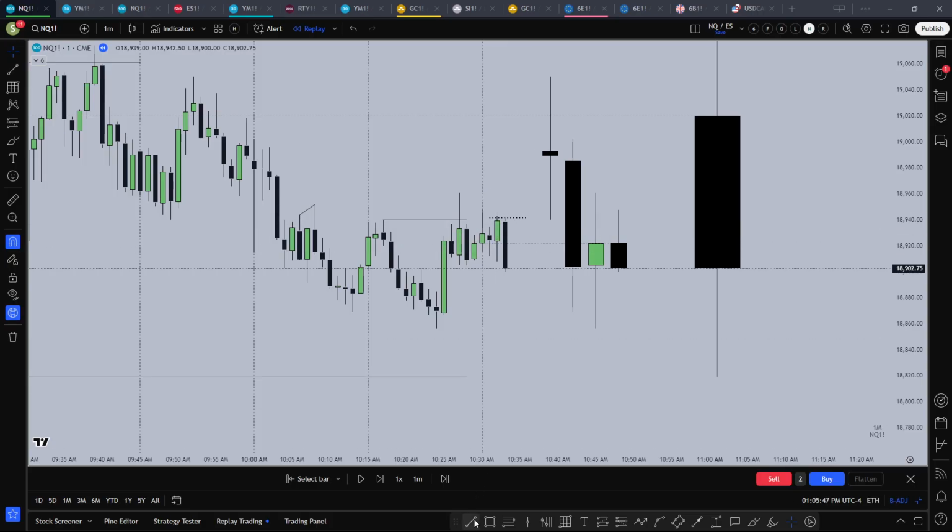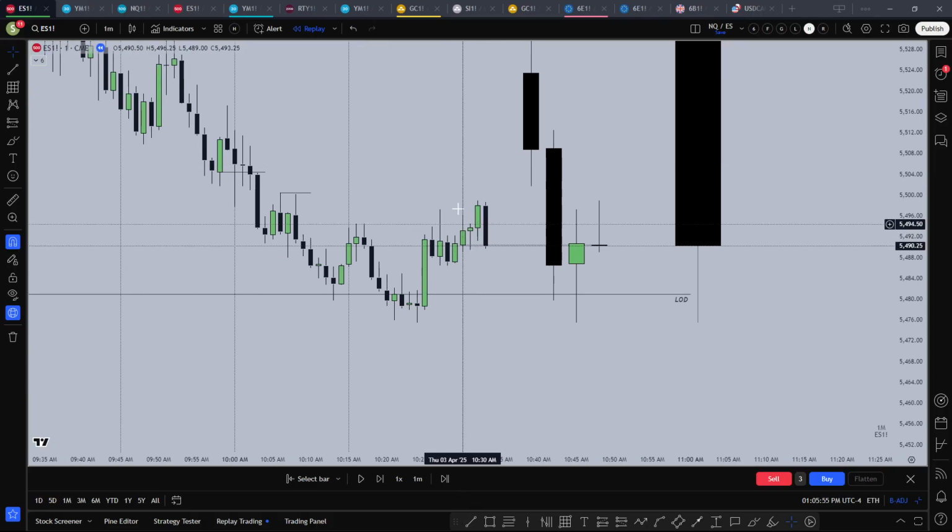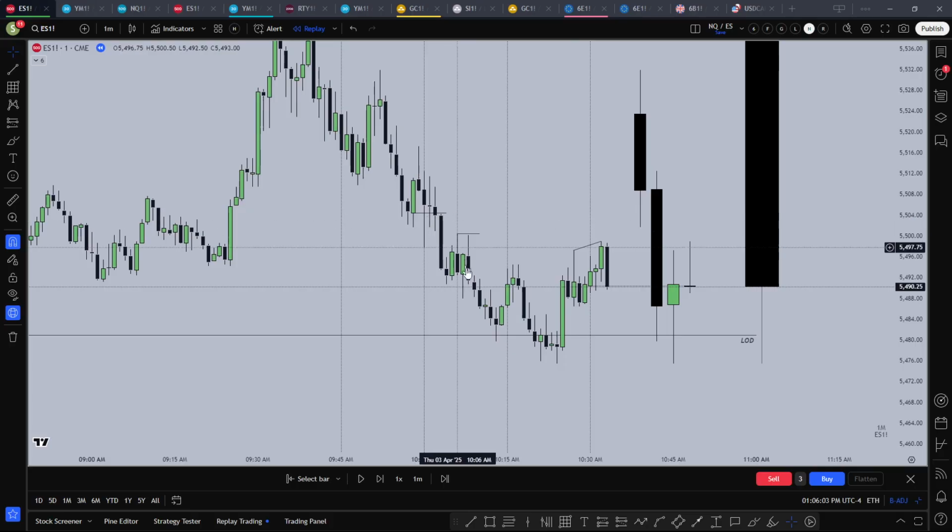This was an SMT with this high, I guess so. Yes, SMT with previous candle high as well. So NQ became weaker and ES reached its objective. So this entry would have worked as well as this SMT with this high around here.